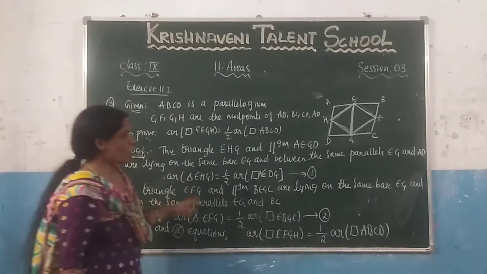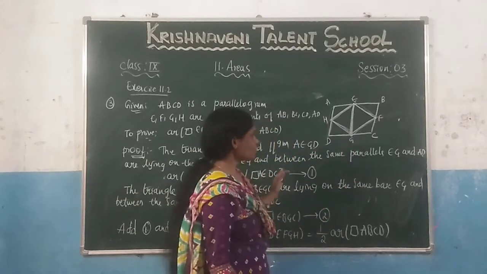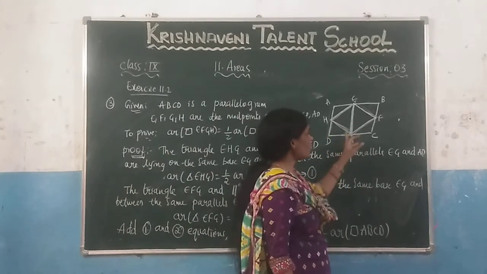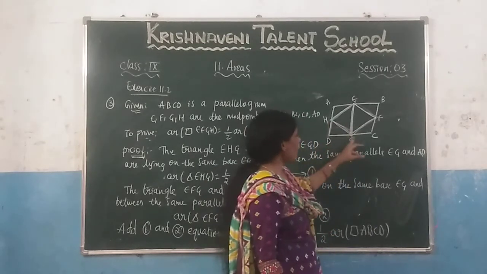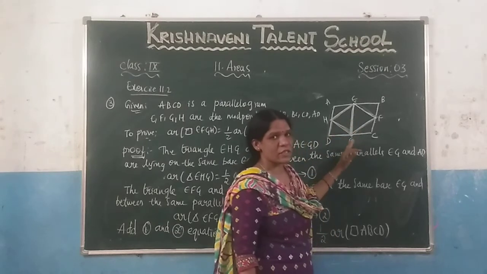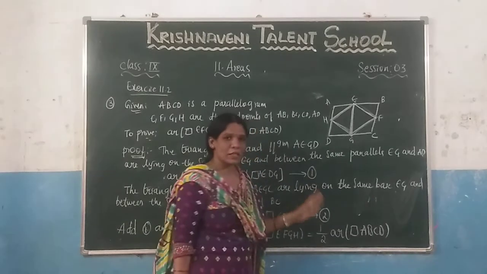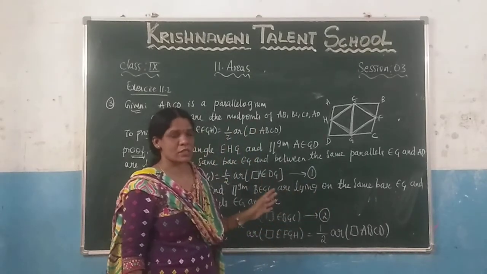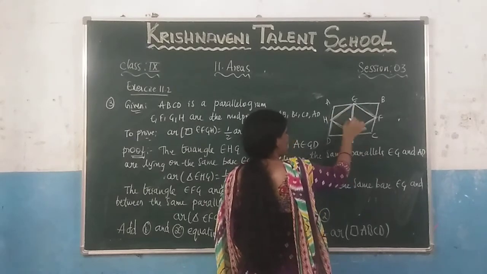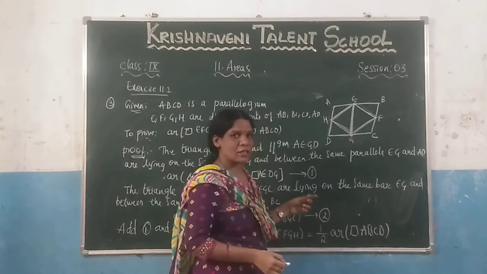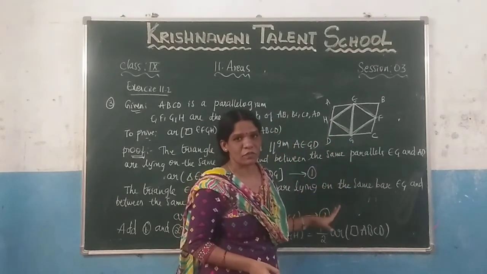Again, what is the question they have given here? ABCD is a parallelogram. E, F, G, H are the midpoints of each side. Now what we need to prove here? The area of the parallelogram EFGH is always equal to half times the area of the parallelogram ABCD. To prove this theorem, what concept have we used? If a triangle and a parallelogram are lying on the same base and between the same parallels, the area of the triangle is always equal to half times the area of the parallelogram.